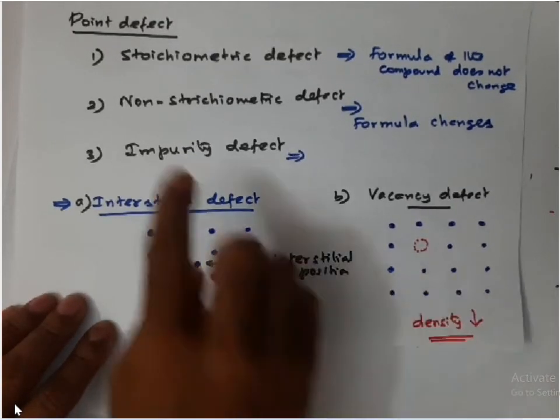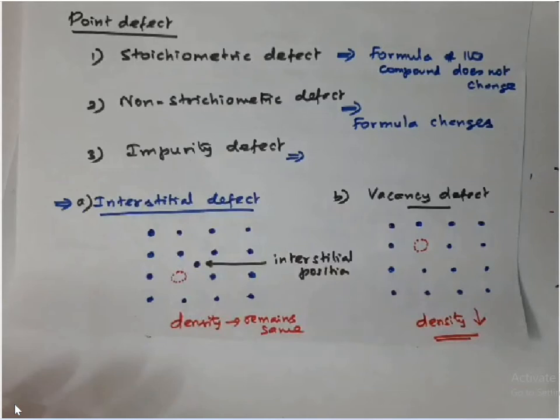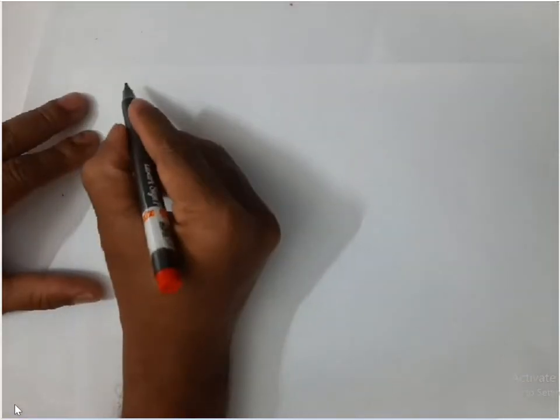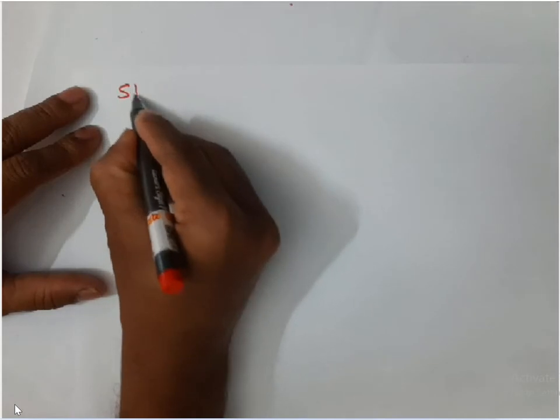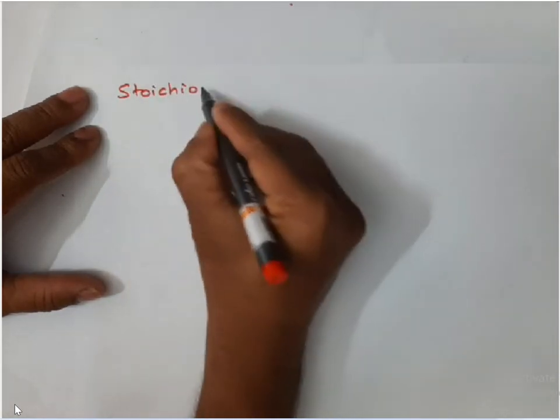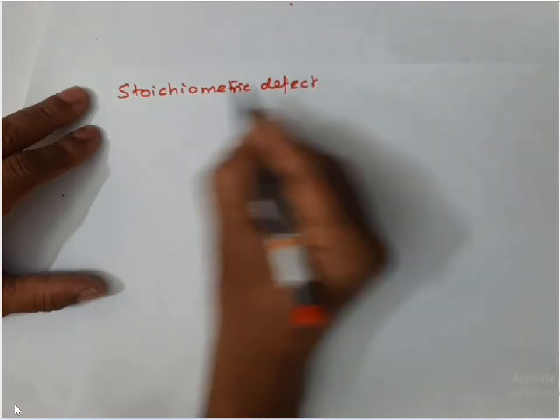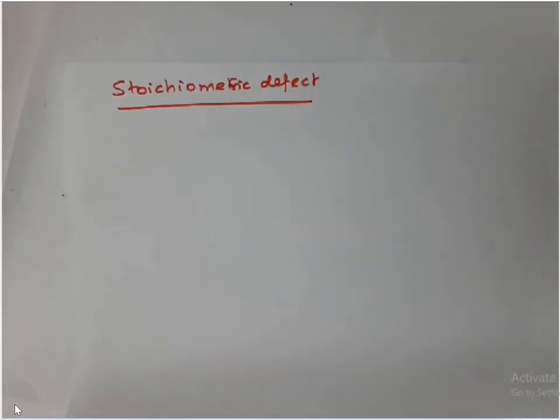Now we'll start stoichiometric defect. What is stoichiometric defect? I have told you, in stoichiometric defect, the formula of the crystal does not change due to the defect. The formula remains the same.